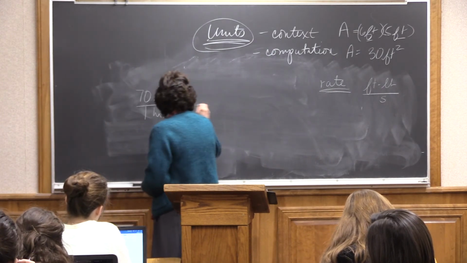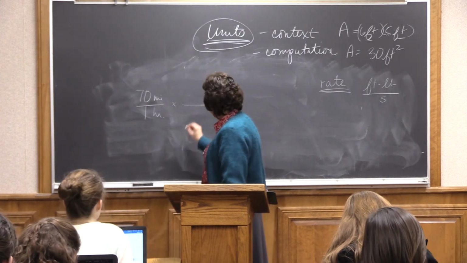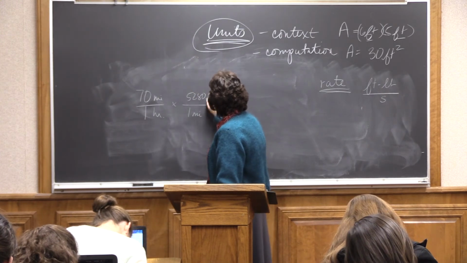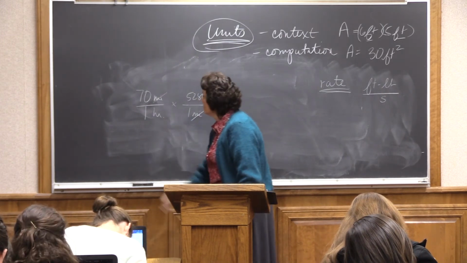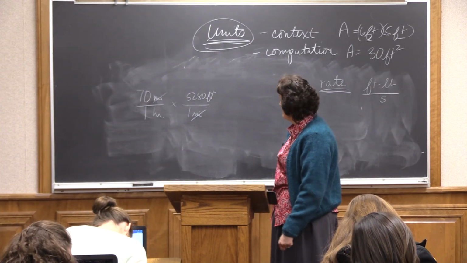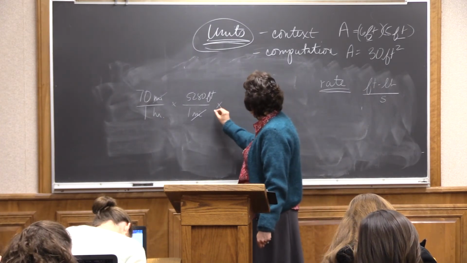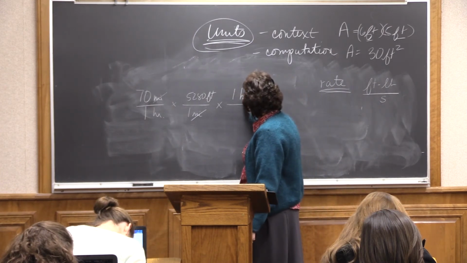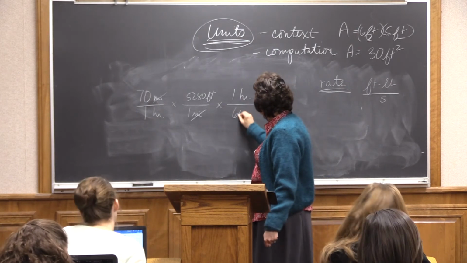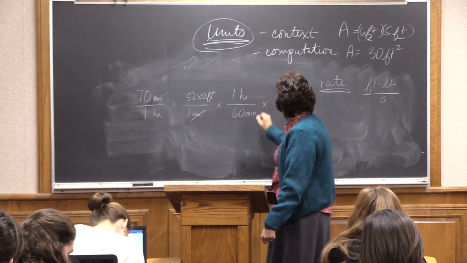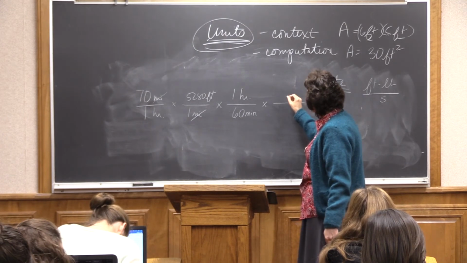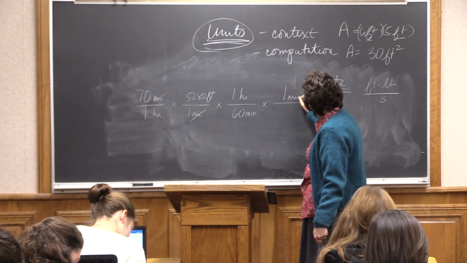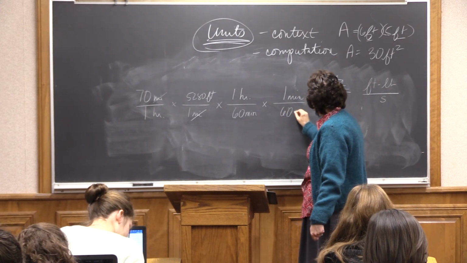So first thing I'm going to do is get rid of miles. There's 1 mile equals 5,280 feet. What's the next thing I have to do? I want it in feet per second. I have to get rid of hours. Hours are on top. 1 hour is 60 minutes. And then 1 minute, that's got to be cross-canceled, is 60 seconds.